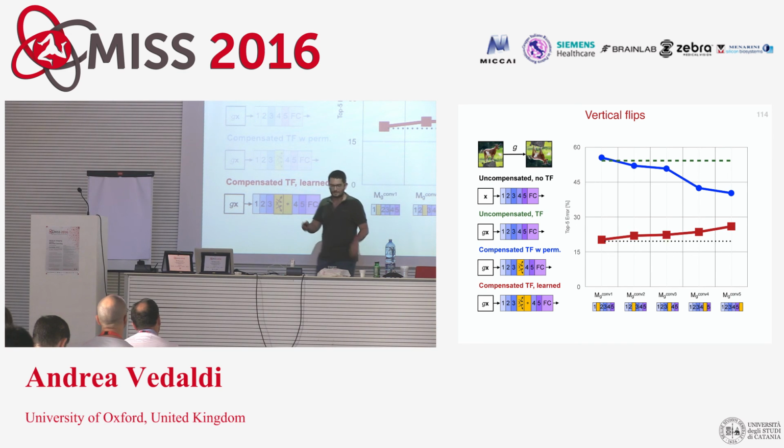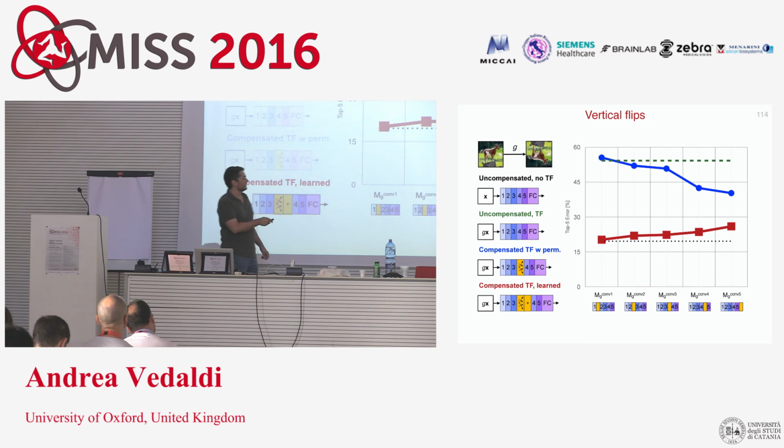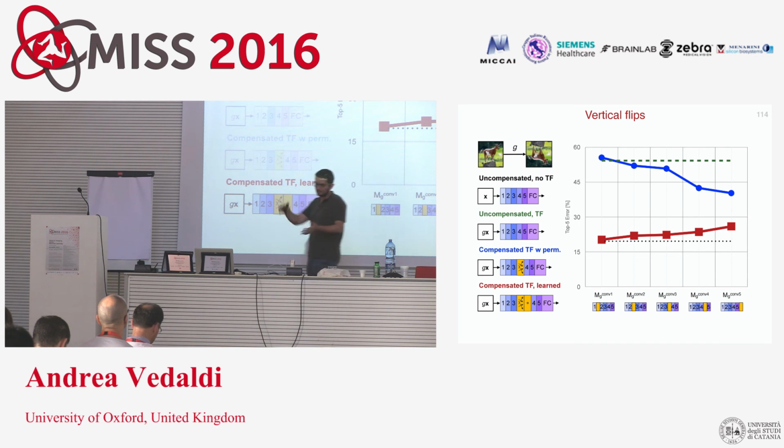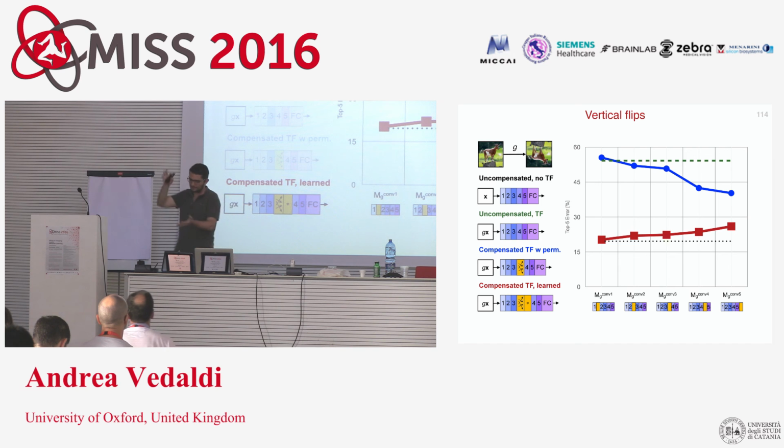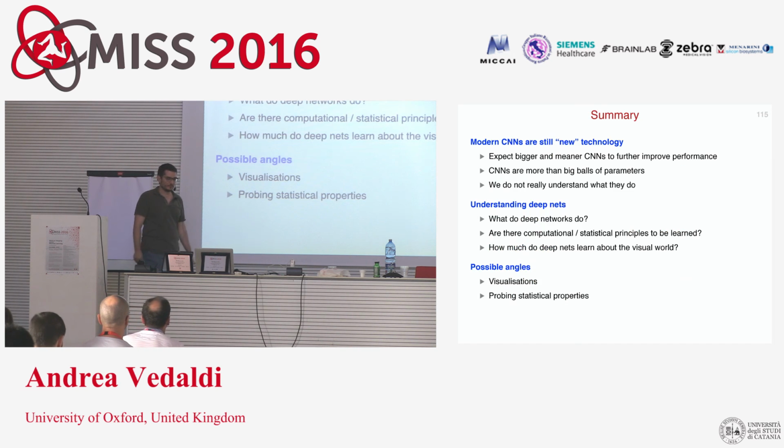But when you start flipping your image and look at what happens in conv4 and conv5, probably because those are already a little bit more semantic, then you cannot undo this effect of flipping anymore, because those are computing things which only make sense, for example, if you look at them upside up, with the correct orientation. Okay? And you can play this with many transformations.